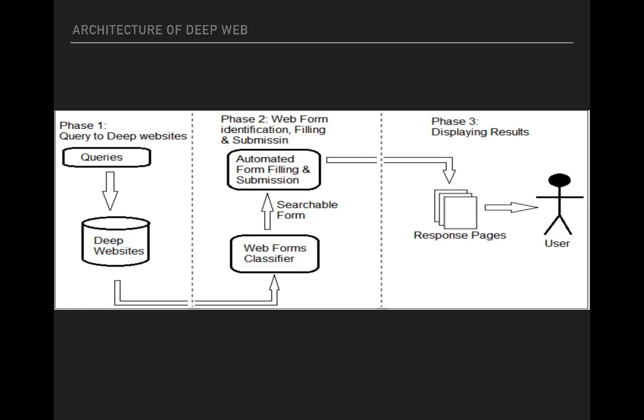If we are an authenticated user, the responsive site comes up, and we are in the deep web. We are going to explore the deep web in our further lectures, and that's how it works.